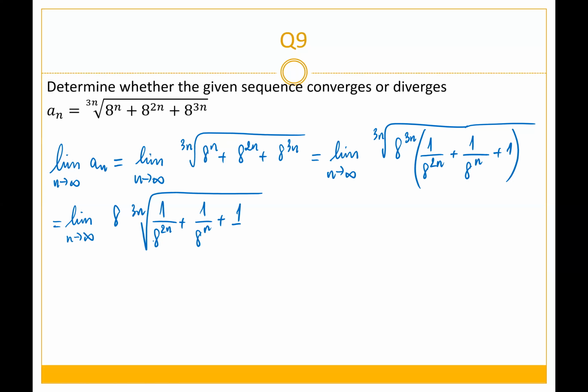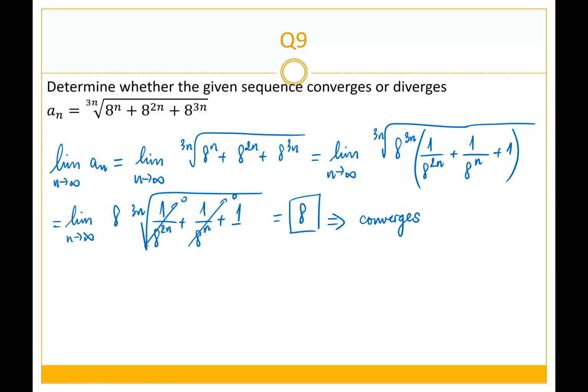As n approaches infinity, this one approaches 0, this one approaches 0, and then you have 1 to the 3n-th root, which approaches 1, because whatever root you take of 1 is going to approach 1. And so what we end up having is 8. And it is a constant, so our answer is that this sequence converges.